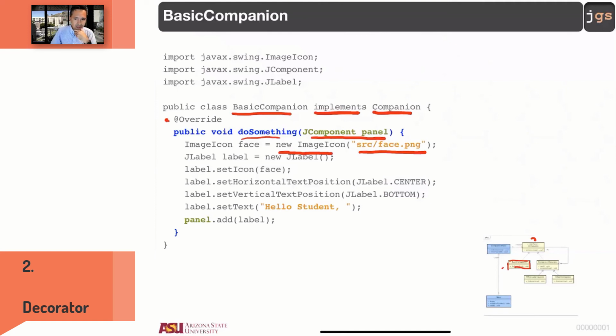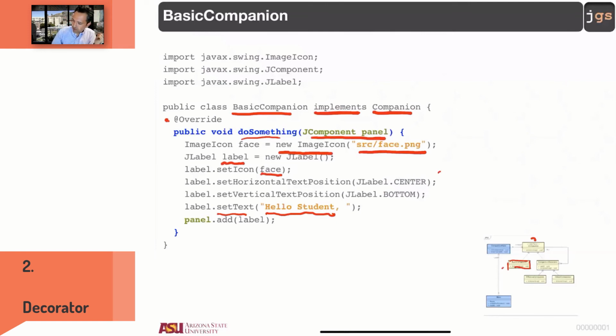And you can put that image in a label. And well, you have the image. Another thing that you need is a text. You can put that text also in the label. So basically this image of the little guy with the hello student, it uses a JLabel with a picture and a text.